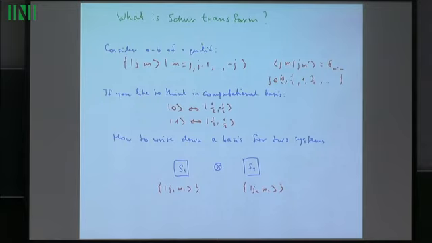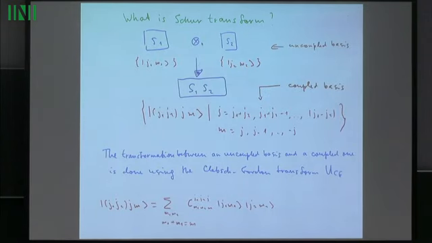And what we would like to understand, having two separate descriptions of systems, system 1 and system 2, is how to write a system in a joint, so-called coupled basis. Physicists solved this question a long time ago. We have two systems here in an uncoupled basis.